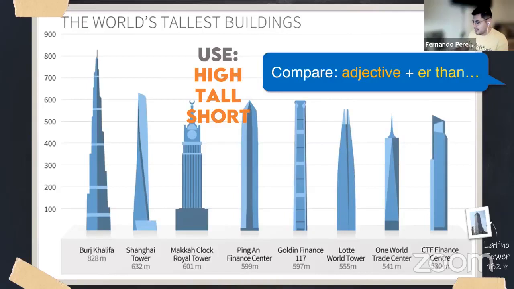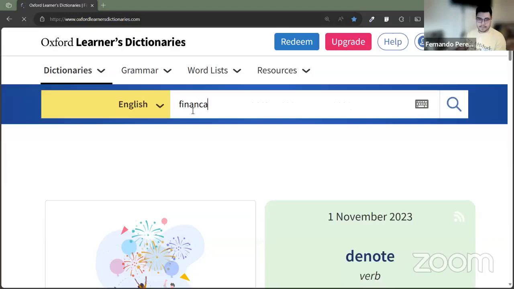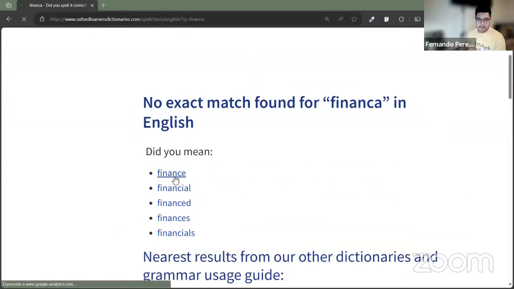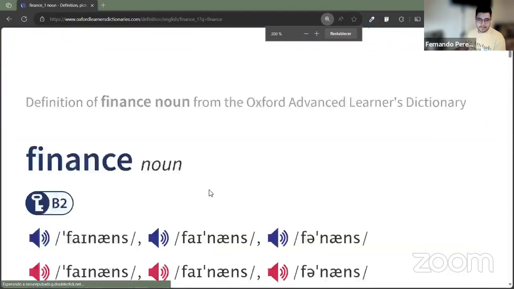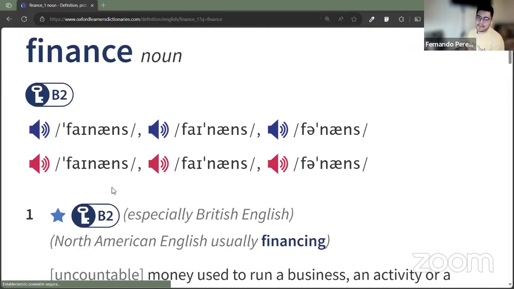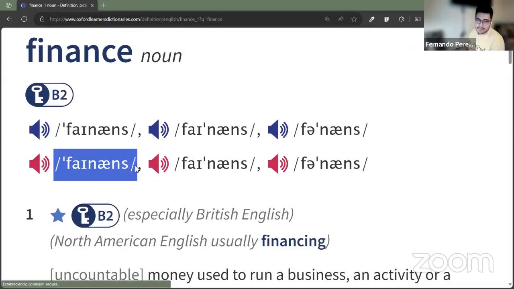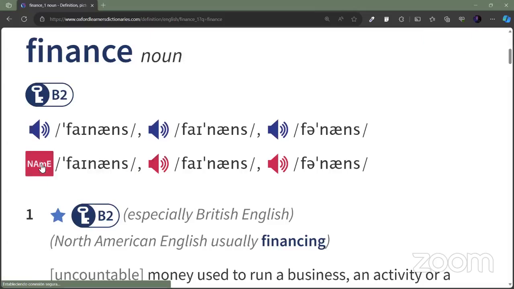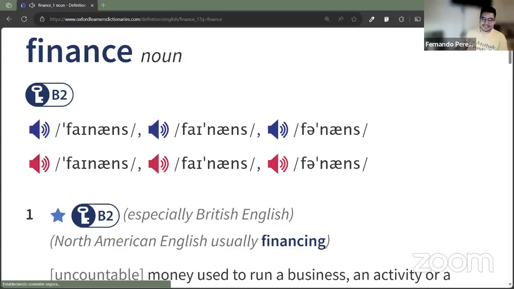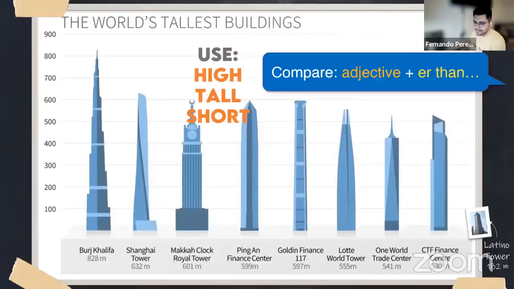Just pronunciation. Let me help you with the dictionary using this. Pronunciation. You can use this. Finance. Exactly. Finance. So one more time.